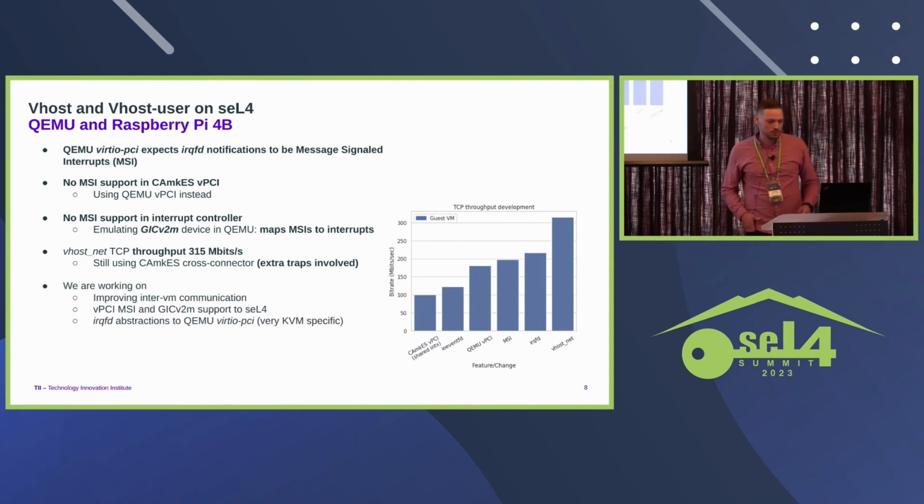Currently we are improving the communication, and as I said, we are temporarily using QEMU virtual PCI. We want to have the support in seL4, and I will tell you later why. Also, the IRQFD abstractions in QEMU were a bit leaky, so we are working on getting the abstractions in better shape.